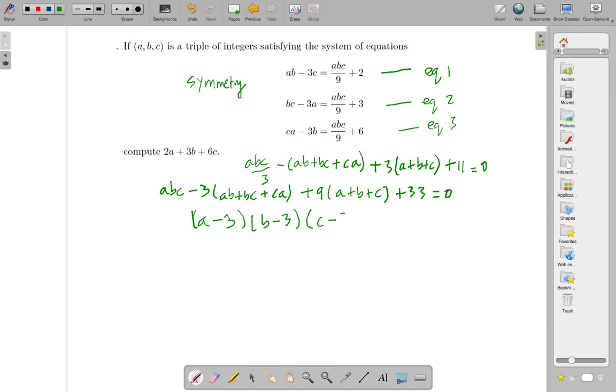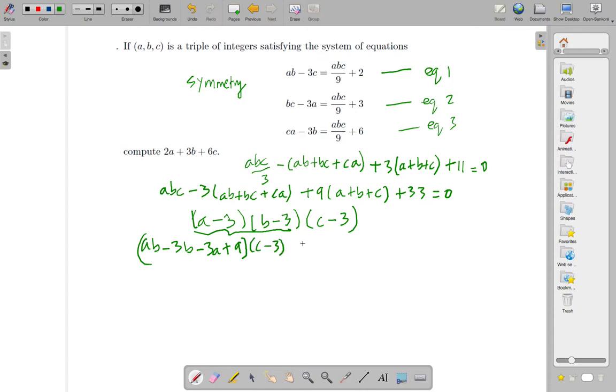Because there is a symmetry, let's look at it. You have ABC, and then you have minus 3B times minus 3, so plus 9B. Let's try to open this up. Let me multiply these two first. If I multiply these two first, I get AB minus 3B minus 3A plus 9. And then I have to multiply that by C minus 3.